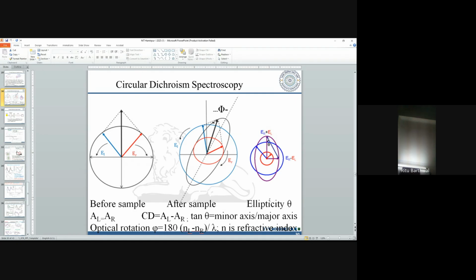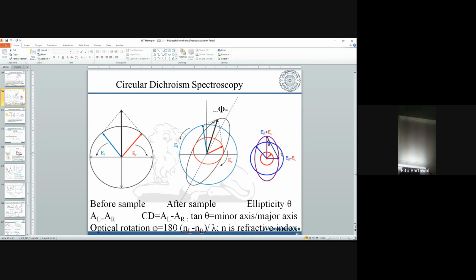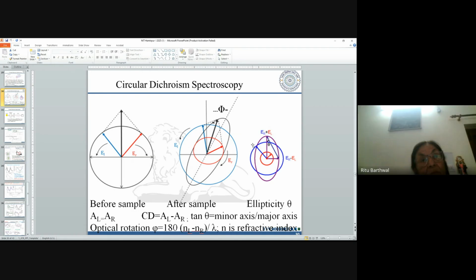It is non-zero. Non-zero means, see the blue color. Blue and red were equal. Blue is absorbed, but red is absorbed much more, so its amplitude has decreased. Blue is less absorbed, R is more absorbed.